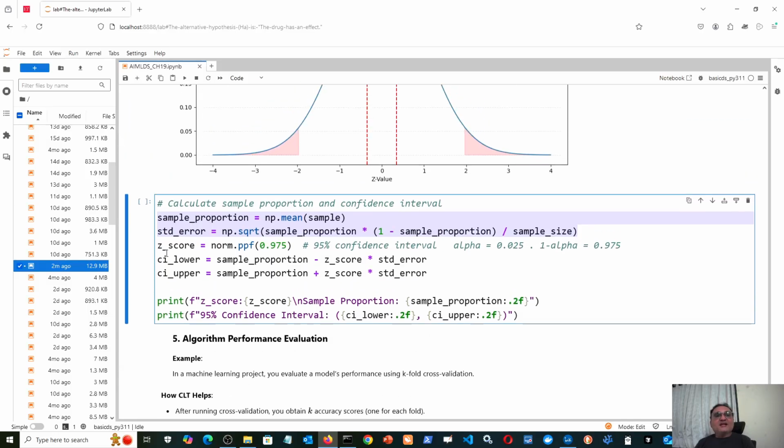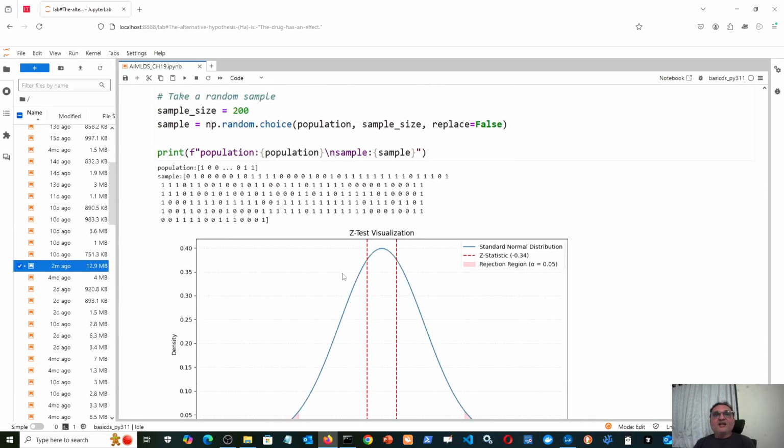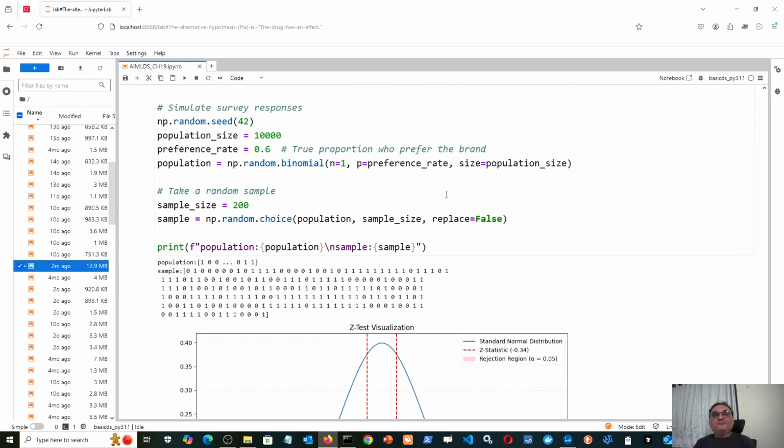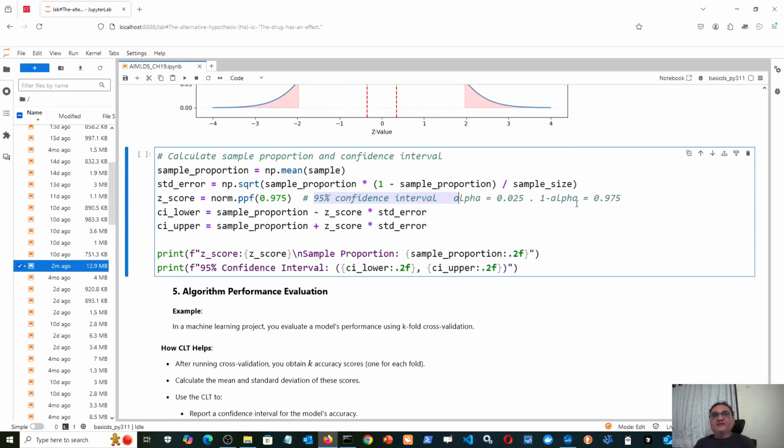Now you have to decide what z-score you want to use, and that will depend upon what confidence interval the company has asked you to ensure. So suppose the company asks you to ensure a 95% confidence interval. Now for a 95% confidence interval, alpha is actually 0.05, right? And if it is 0.05, then 1 minus alpha is actually 0.95. That is how a 95% confidence interval corresponds to 0.05 alpha.